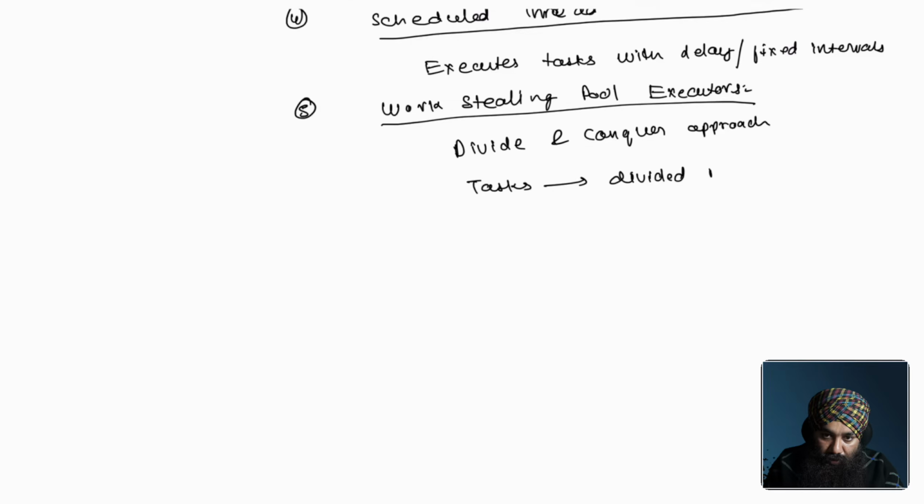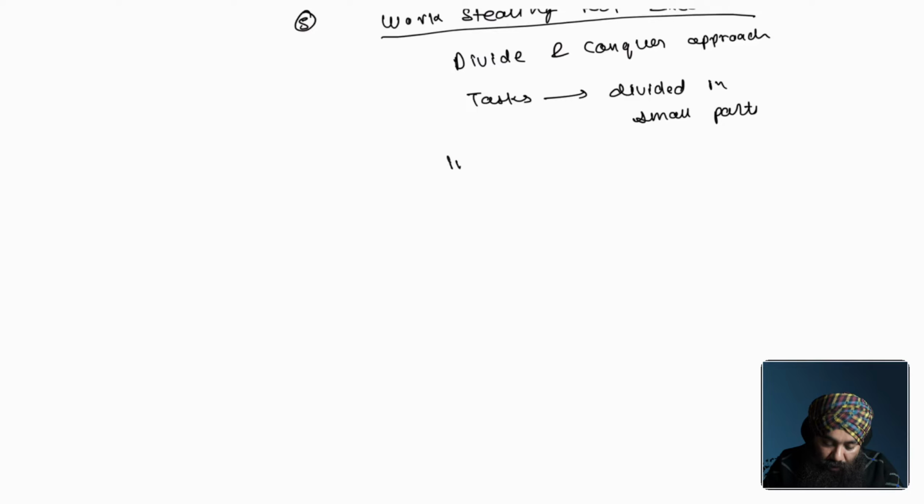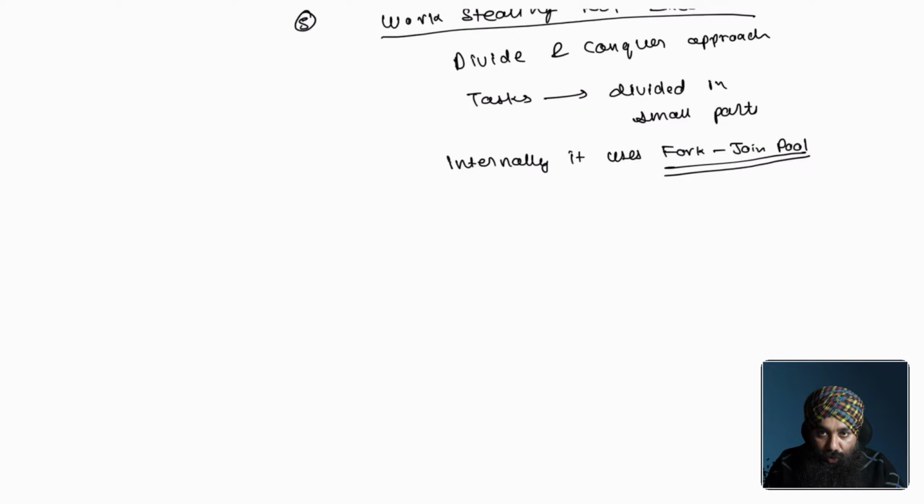Internally it uses the fork join pool, and because of this approach it keeps all your CPU cores busy.